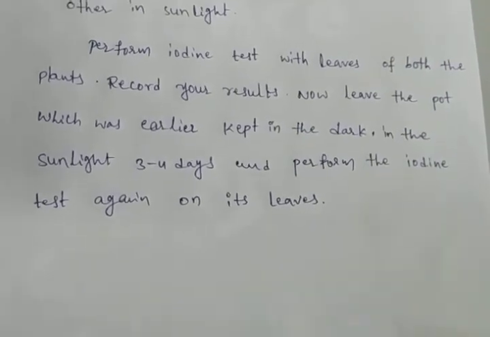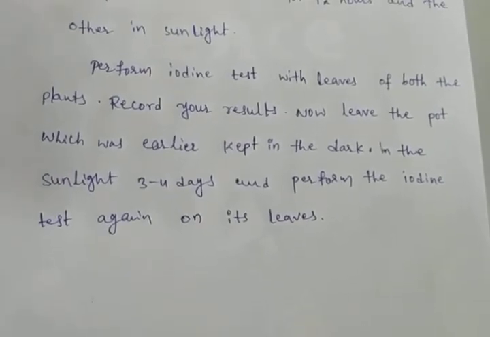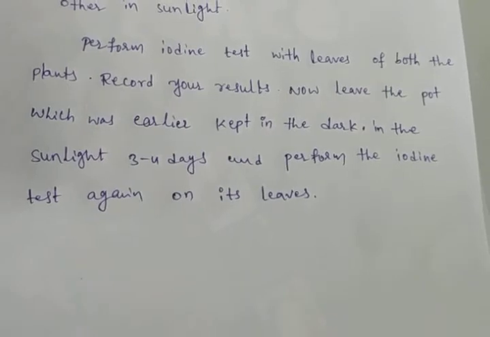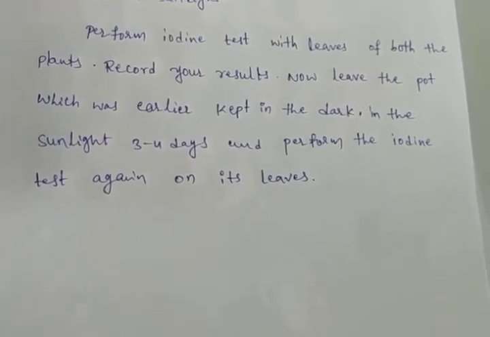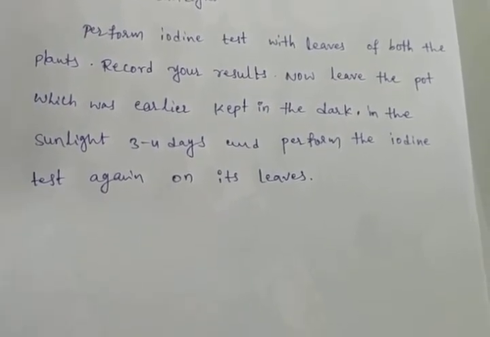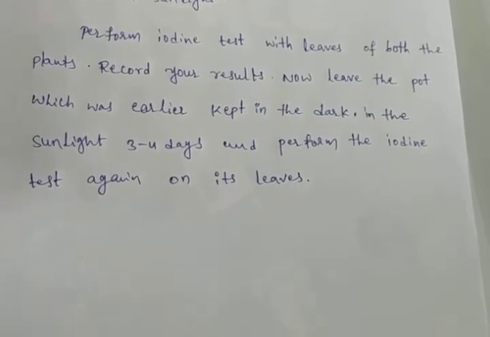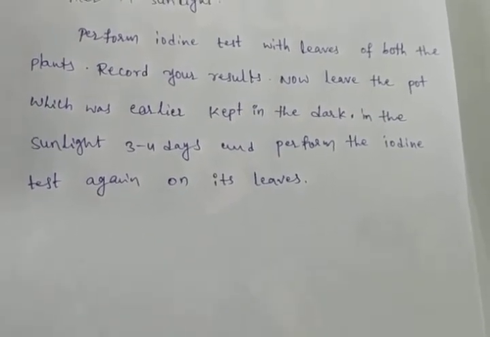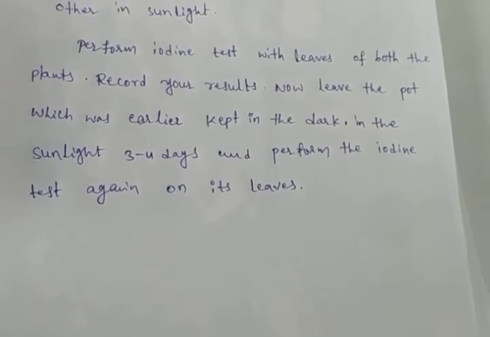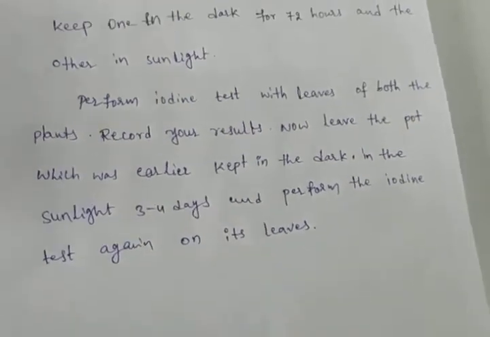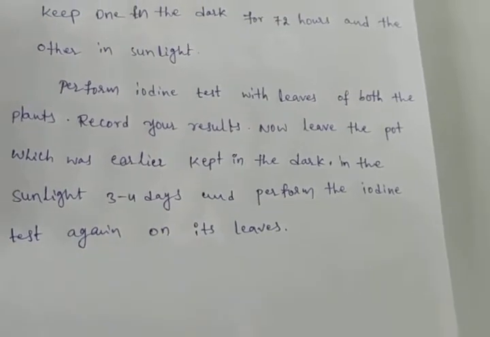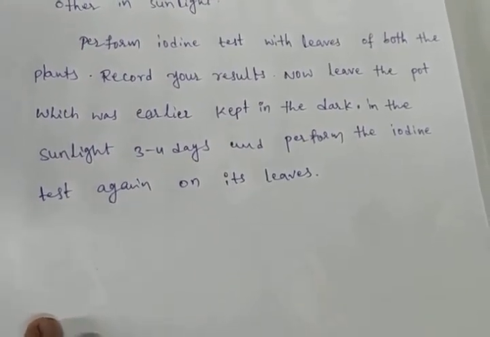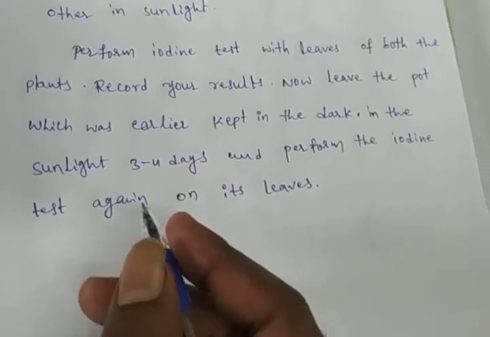Okay, record these observations. The leaves other than green also have chlorophyll. Generally, in the previous classes we discussed that leaves have the green color due to the green pigment, that is chlorophyll.